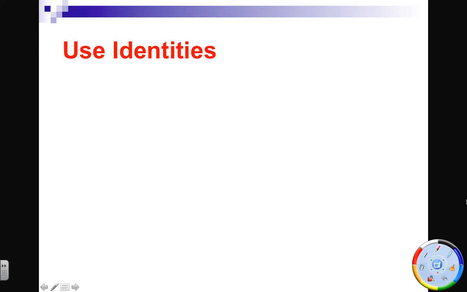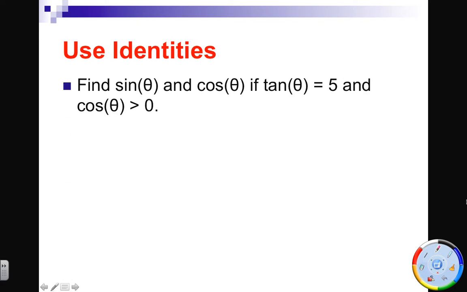All right, so the next one. Oh, sorry, we're going to use the identities first. We're going to find sine and cosine if tangent is 5 and cosine is bigger than 0. So how might we do that? You kind of think about it for a little bit. What we're going to do here is use the Pythagorean relation for tangent.